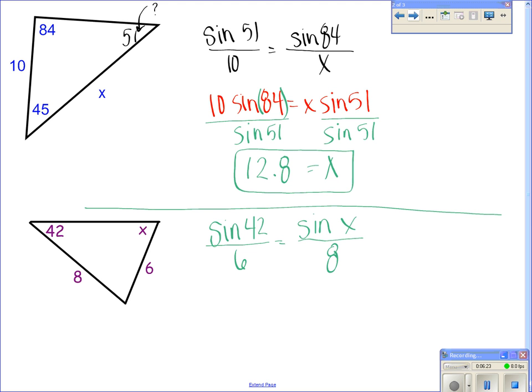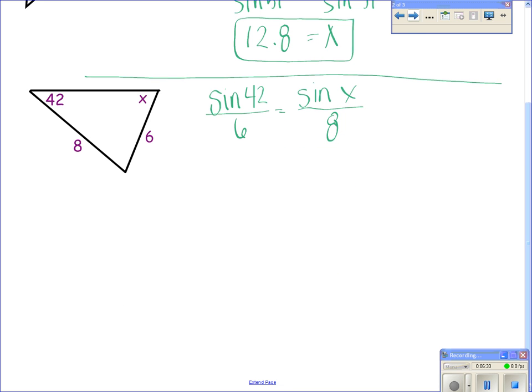Hopefully all of you got this. So I'm sure you're able to see why it's a little bit different, but the first step is still the same. The cross multiply. What are we going to divide by on both sides here?